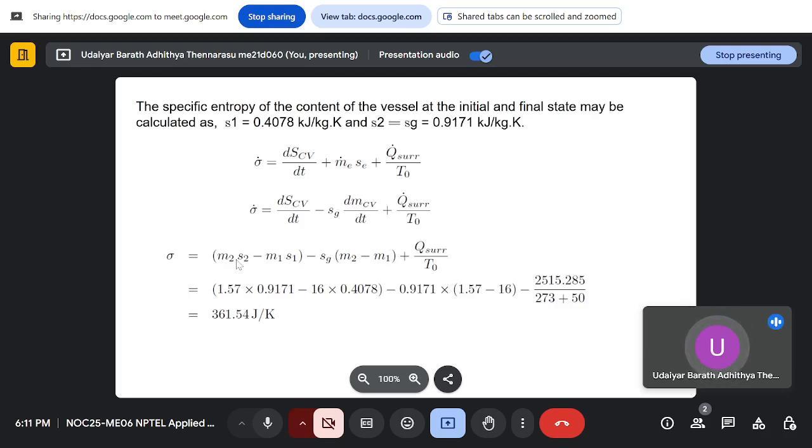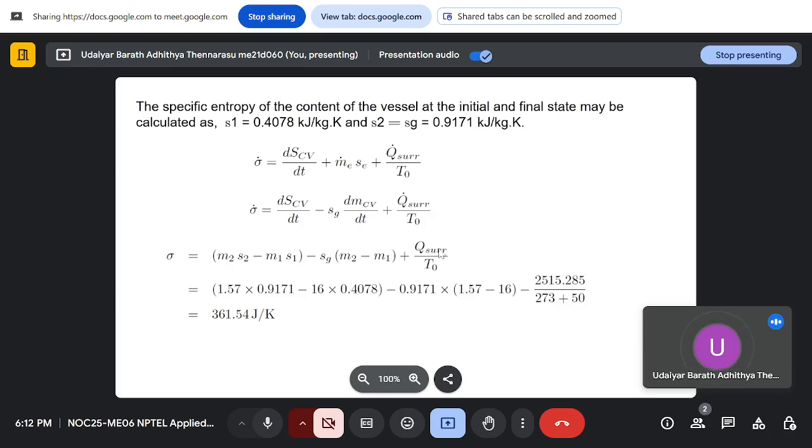So substituting the entropy values, at state 2 it is your saturated vapor, and s1 we have to calculate for the two phase, and s_g is again saturated vapor entropy, and we know the masses, and we have Q surrounding, we have calculated how much heat is being supplied. So Q surrounding will be negative of the heat which is being supplied.